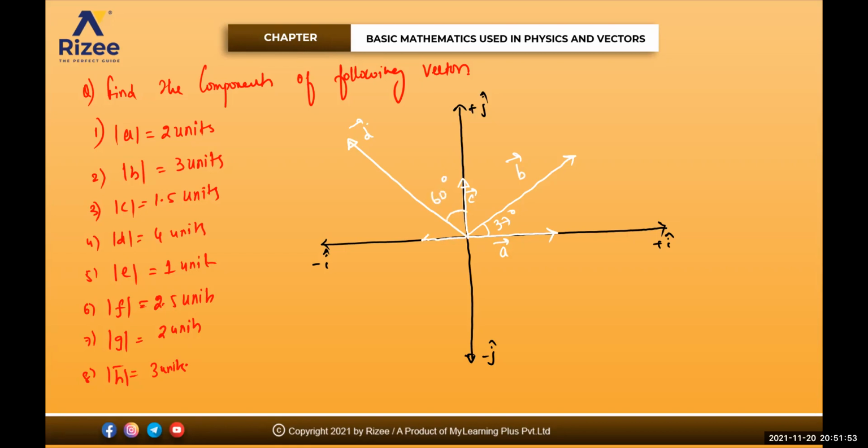This one is your E bar. This one is your F bar, making an angle of 45 degrees. This one is your G bar. And this one is your H bar, making an angle of your 30 degrees. This is a question. Read the question carefully, everyone.